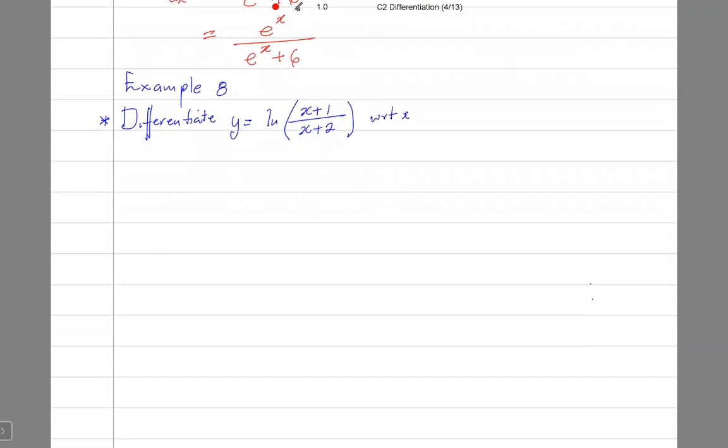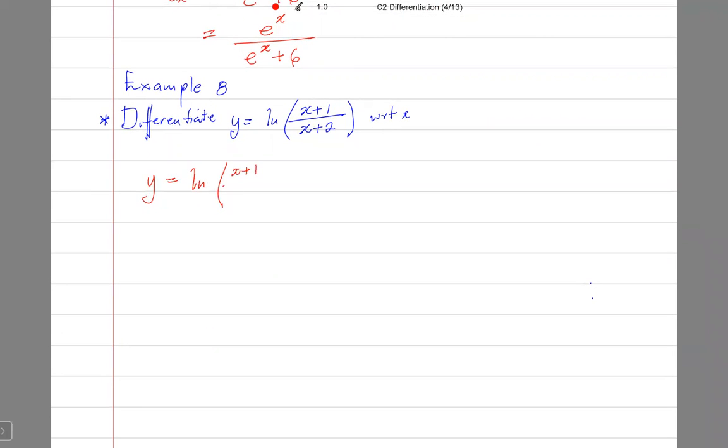All right, so this now, we could either make it complicated or easy. y is equal to ln of x plus 1 over x plus 2. I'm going to use this law of logarithm, that the log of a minus the log of b, I can make this into one log by dividing.